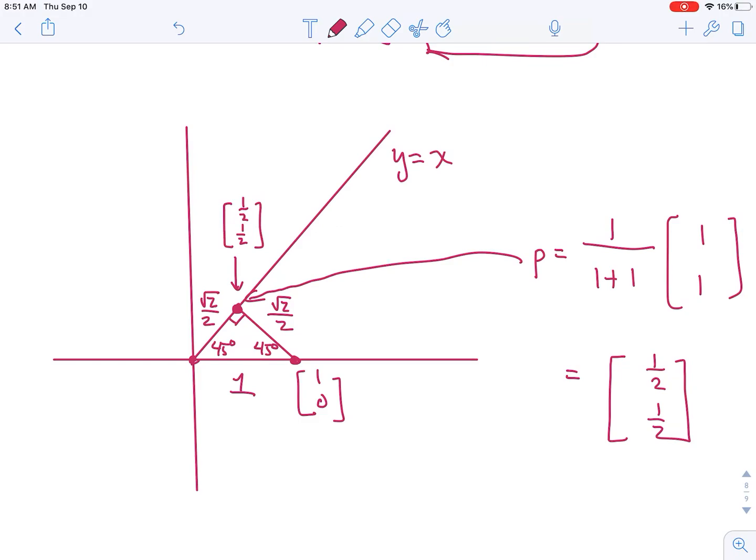And you can also see that by symmetry in this picture, if I clear everything up, that this projection, wherever it is, by symmetry, you can see it's right in the middle of this segment. And so it really should happen when x equals 1/2. And of course, because it's on the line y equals x, y has to equal 1/2.